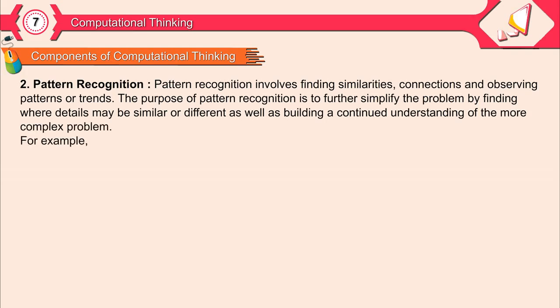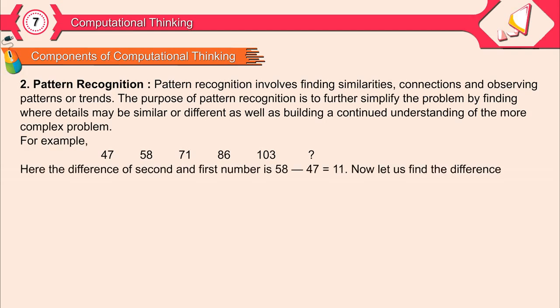For example, 47, 58, 71, 86, 103. Here, the difference of the second and first number is 58 minus 47 equals 11.